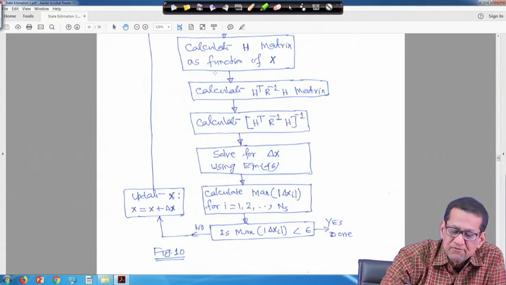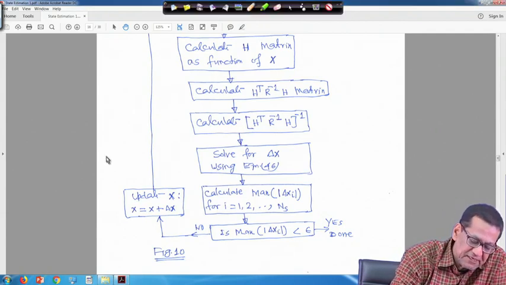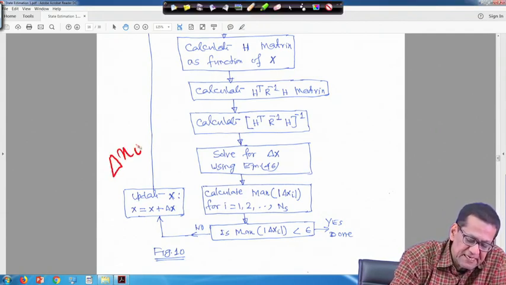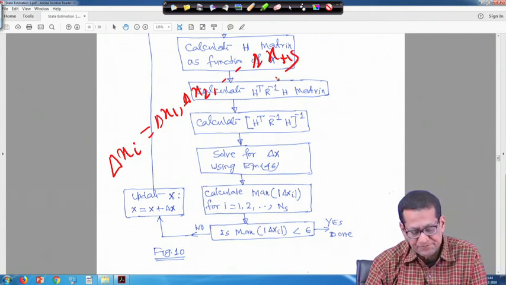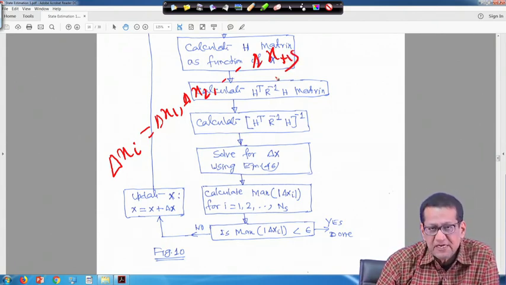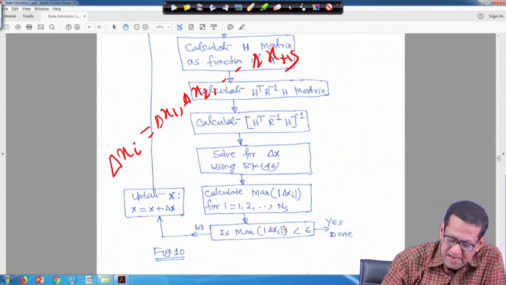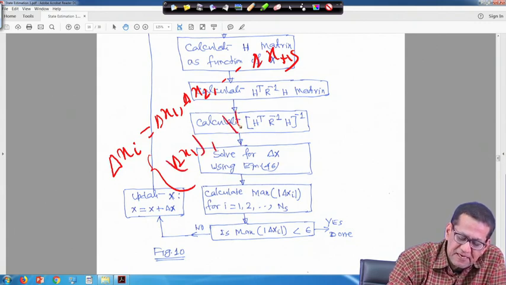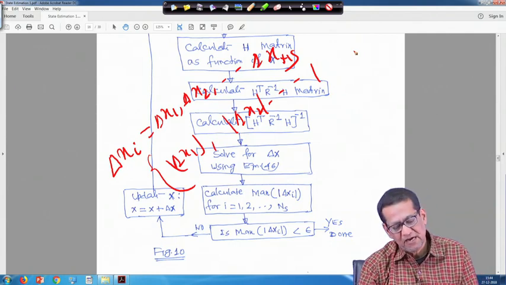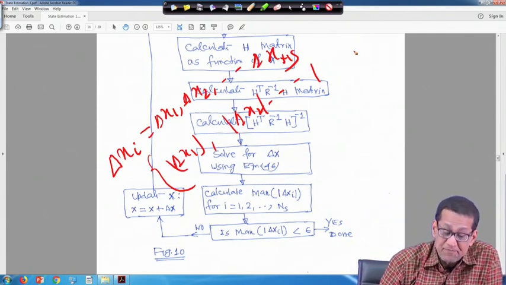So, suppose you have so many variables, delta x i is equal to delta x 1, delta x 2, like this, you have n s number of state variables, right. Every time you are trying to find the mismatch, you take the absolute of delta x 1, then absolute of delta x 2, all for n state variables, and out of which you find the max of that.